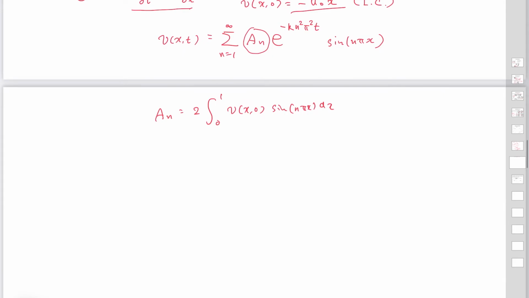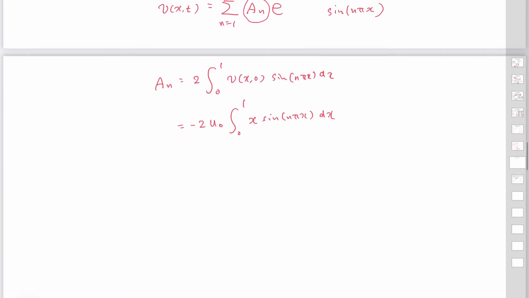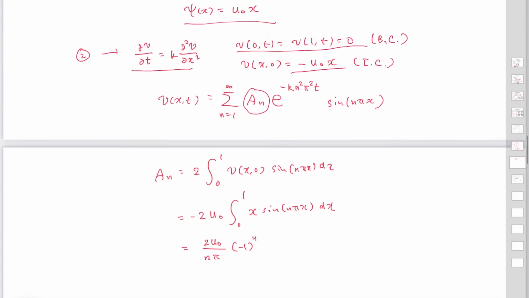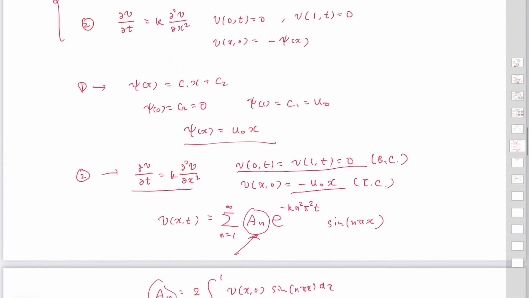So this becomes minus 2 u sub 0 times the integral from 0 to 1 of x sine n pi x dx. You can use integration by parts. Then it becomes 2 u sub 0 over n pi times minus 1 to the n. You can substitute this a sub n back into here, and you can find v.